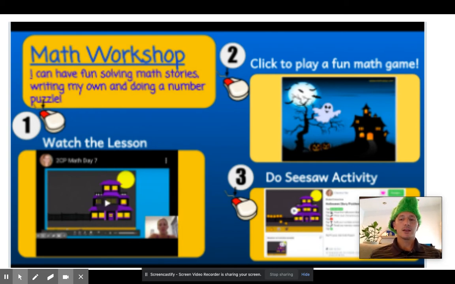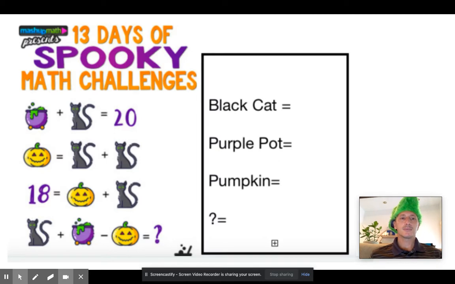This is an example of one of the challenges that you have today. It has the witch's pot plus the black cat equals 20. What numbers could those be? Then you have the jack-o'-lantern equals the black cat plus the black cat. What might those numbers be? We want to figure out what the missing numbers are. So 18 equals jack-o'-lantern plus the black cat.